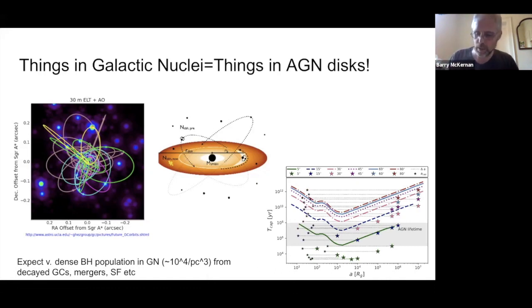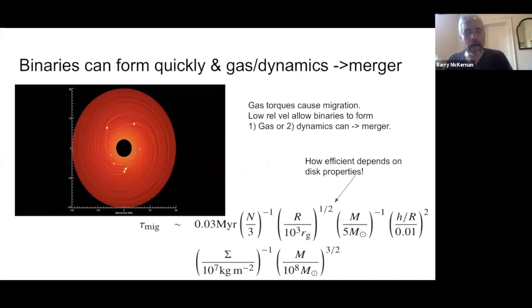Okay, so if you end up with satellites in gas disks, we kind of know what to do with that. Protoplanetary folks have been studying this problem for a lot longer than AGN people have, and there's a whole formalism that you can steal and apply to AGN.